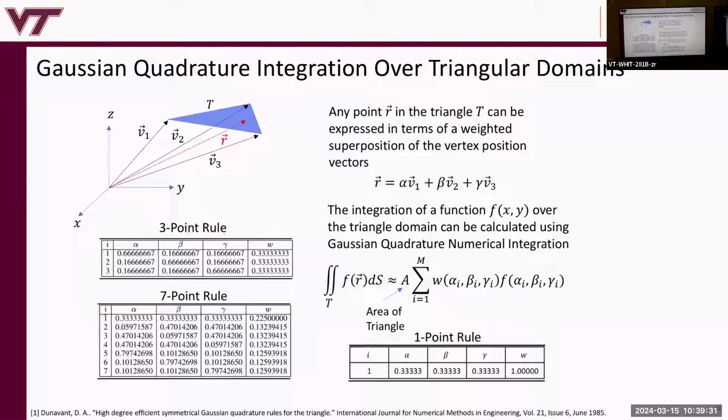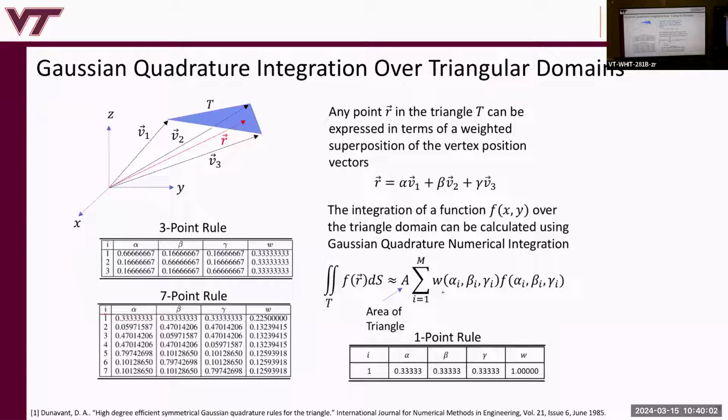So to calculate an integral over a triangular domain, we first evaluate the function that we're trying to integrate at alpha, beta, gamma, I. So at 3 points, right? And to do that, we take the vertex vectors, we multiply them by alpha, beta, gamma, and we evaluate our function at that R. All right?